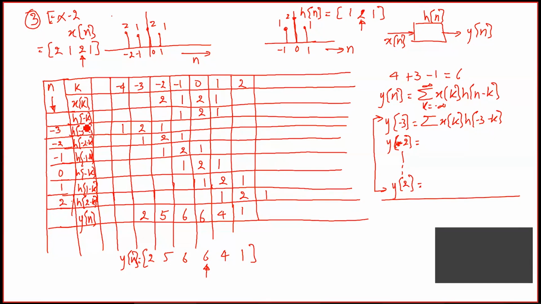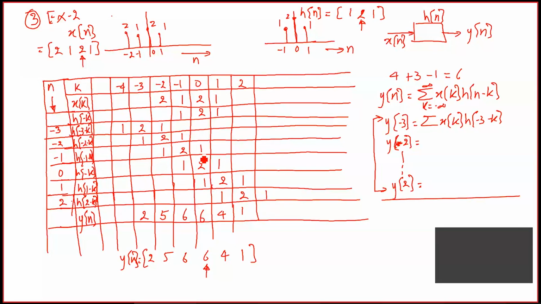In other words, this column is showing you h of n minus k. So n equal to minus 3 would be h of minus 3 minus k, n equal to minus 2 will be h of minus 2 minus k, and we keep writing these shifted terms till the time we have any overlap present.